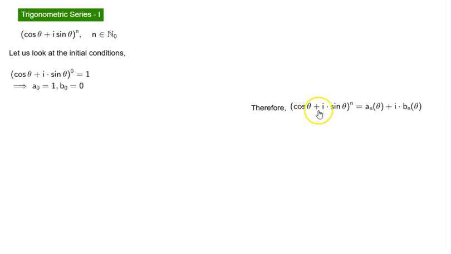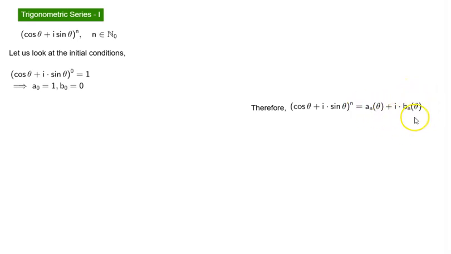Because remember, (cos θ + i sin θ)^n is equal to a_n(θ) + i b_n(θ). So when n is 0, what happens? a_n will be 1 and b_n will be 0.